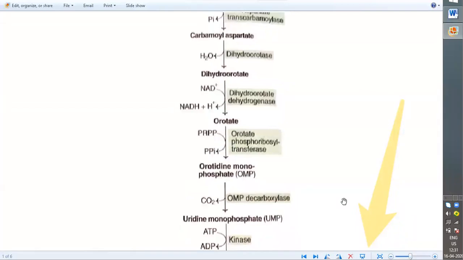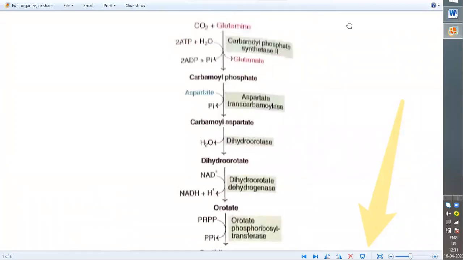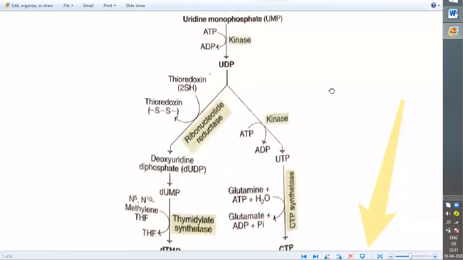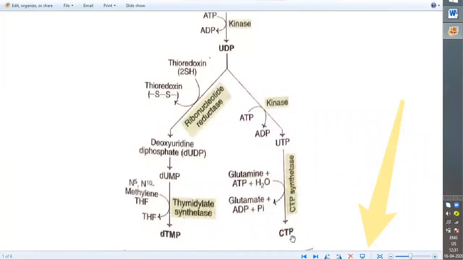And finally we are forming pyrimidine nucleotides. Why? Because a phosphate molecule is present, thymidine is present, and a sugar molecule is also present. That's why this is called a nucleotide. And the pyrimidine ring is present, that's why this is called a pyrimidine nucleotide, and this is also a pyrimidine nucleotide.